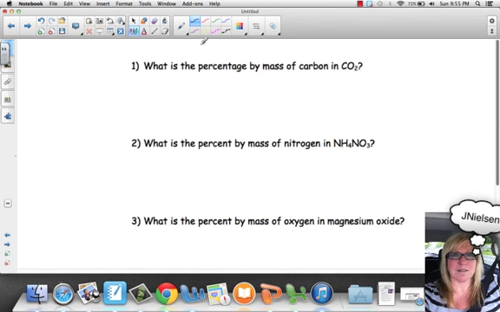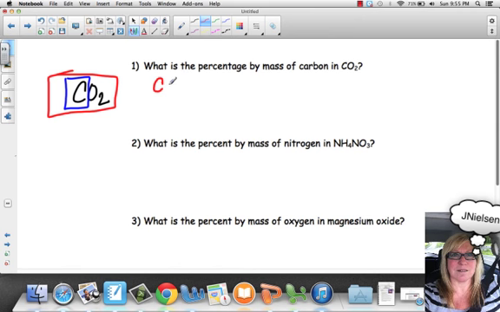Alright, we're almost done. I want you to try a couple. So, percent of carbon in CO2. So my part is carbon, and my whole is CO2. First thing I need to do is find the mass of everything.